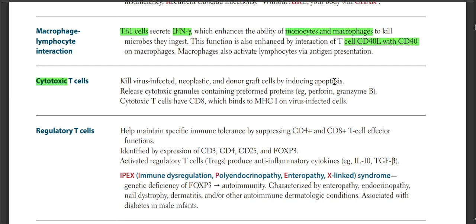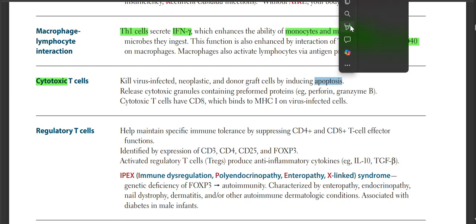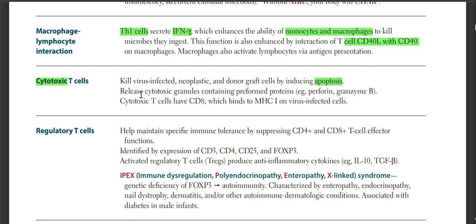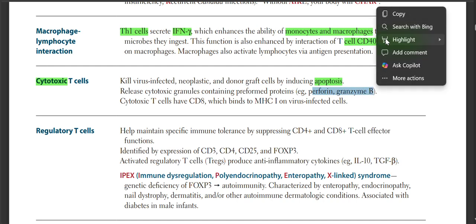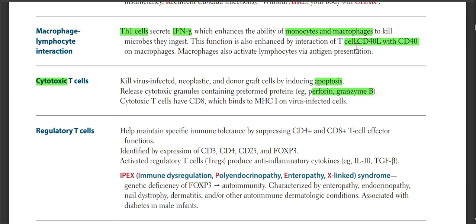One mechanism is they can induce apoptosis, and the second mechanism is that they can release granzymes and perforins. So, perforins and granzymes, these are the two mechanisms. Now, do you guys remember another cell which can use the same method of killing using perforin and granzymes?